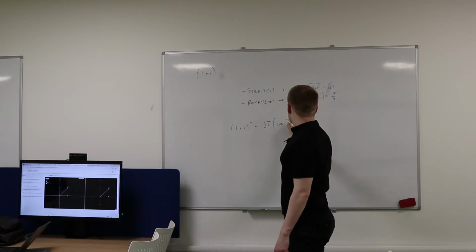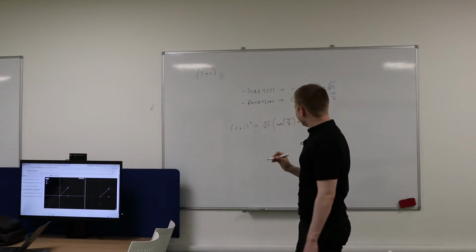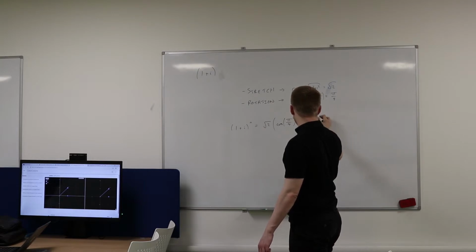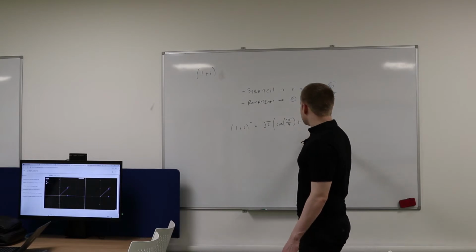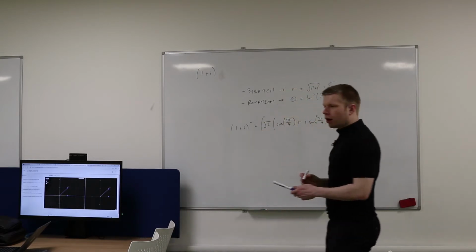Root 2 times cos pi over 4 plus i sine pi over 4. Now that is in polar form. You've got your r and you've got your theta. And my question is, what happens if we raise this to higher and higher powers of n?